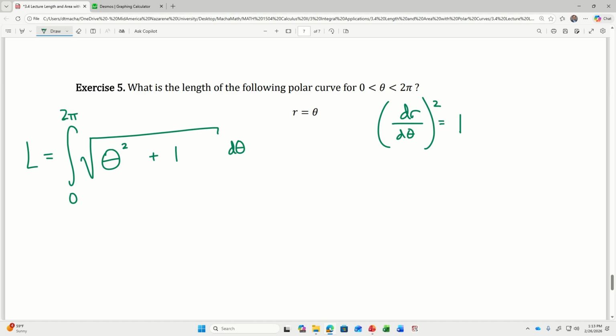Does everybody agree? So then what strategy do we use to solve this integral? Trig sub? All right.